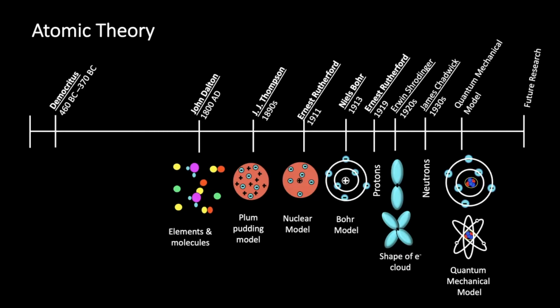With that, it was called the plum pudding model. In this picture, the red color is charged positively, and the electrons dispersed through it have the negative charge.